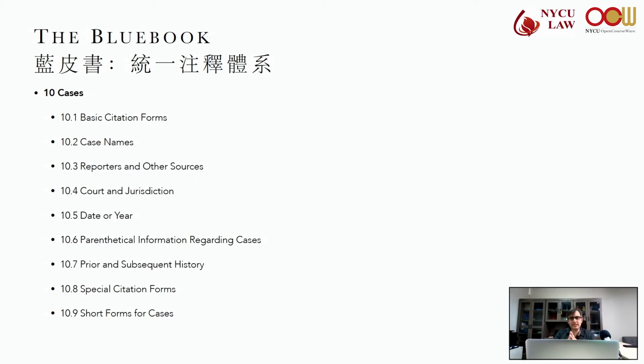Now, subsection D, multiple dispositions. If there are multiple dispositions in the same court, use the connector and in italics. So now you might have a situation where there's a different case name on appeal.